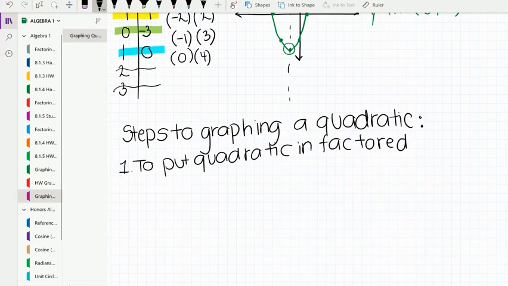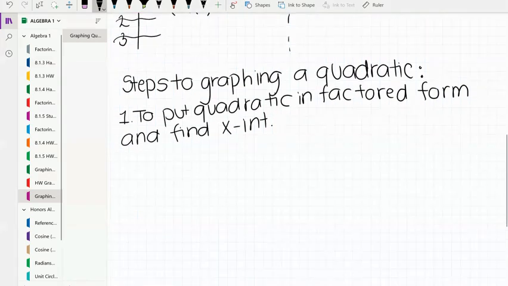And again, you should be taking notes as you follow along. Well, the nice thing is, if it is given in factored form, we only have to find the x-intercepts.